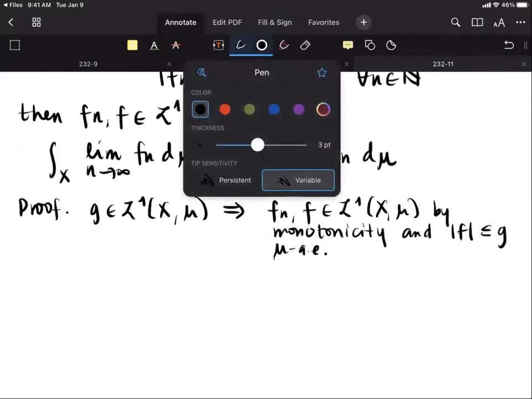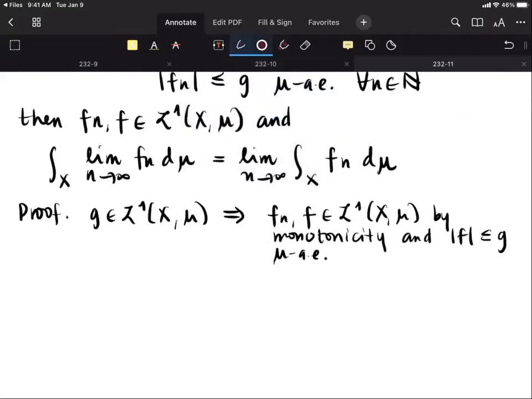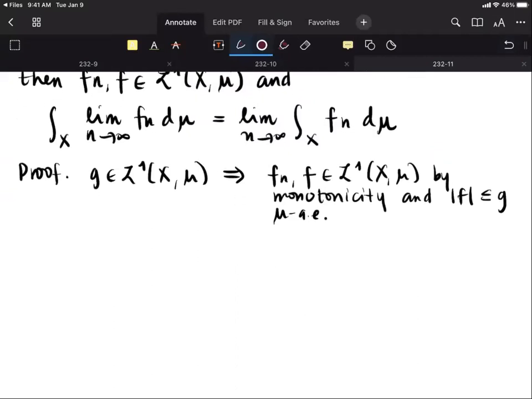Now we proceed with the proof of this equation here. And we only do this for the real case. Again, the complex case can be established by simply separating the real and imaginary parts.